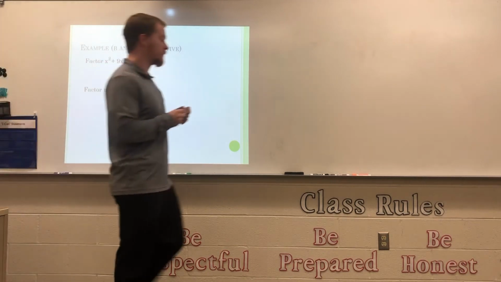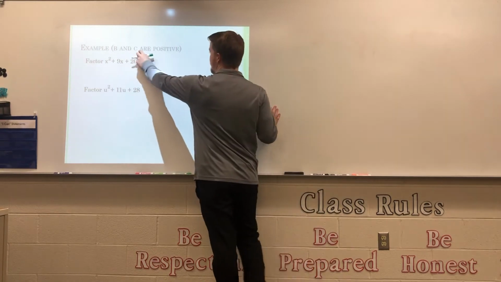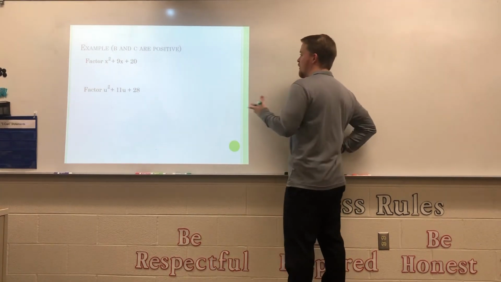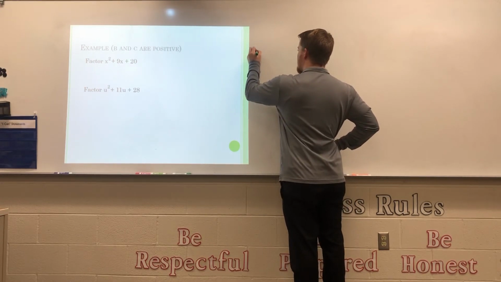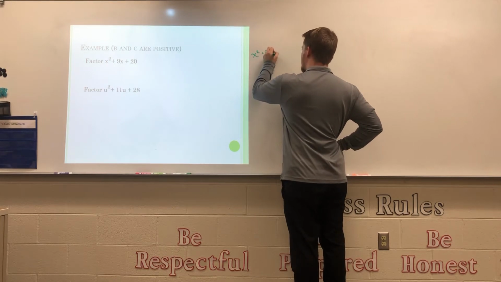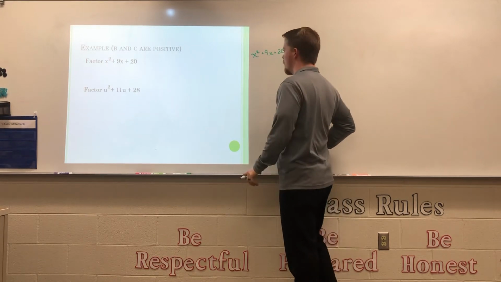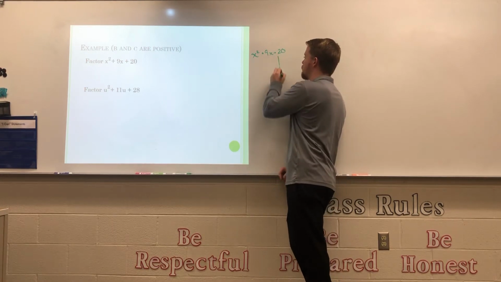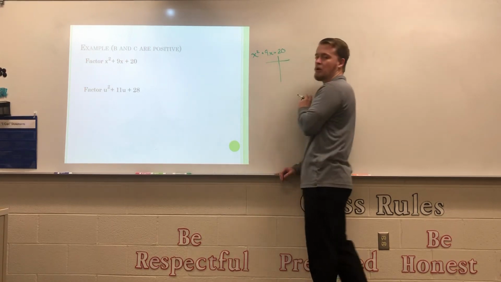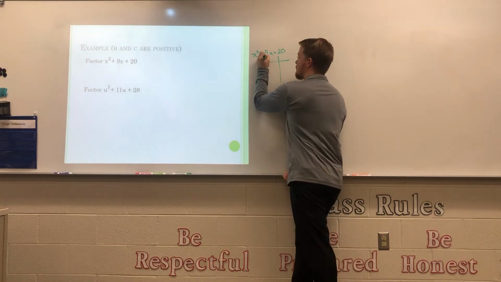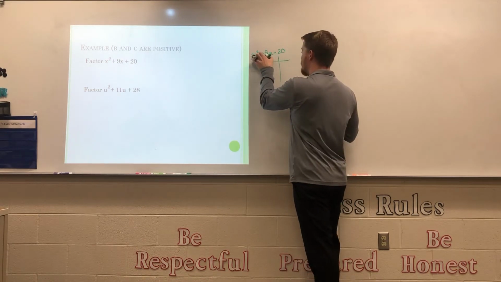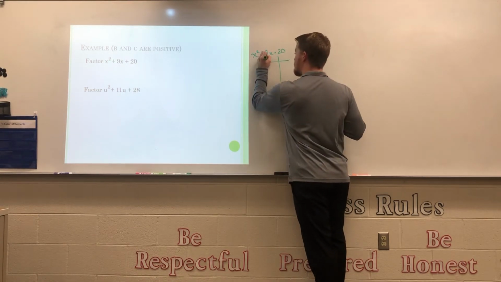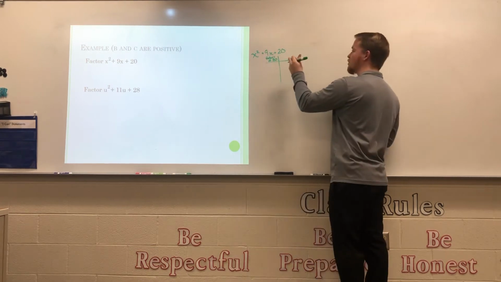So the first examples we'll look at are when b and c are both positive. None of these are too difficult, and this is very straightforward when b and c are both positive. So the first one we have is x squared plus 9x plus 20. What it said to do first was make a t-chart with the factors of c, or in this case, factors of 20, because 20 is your last number, your c.